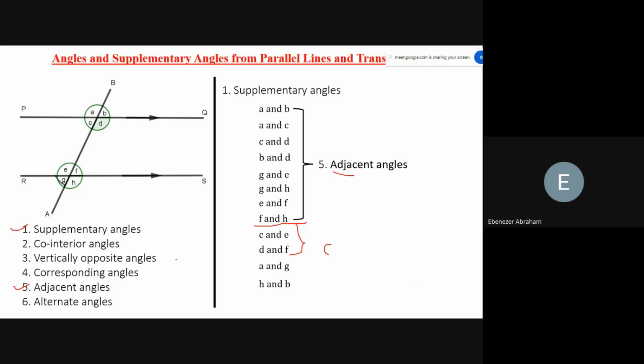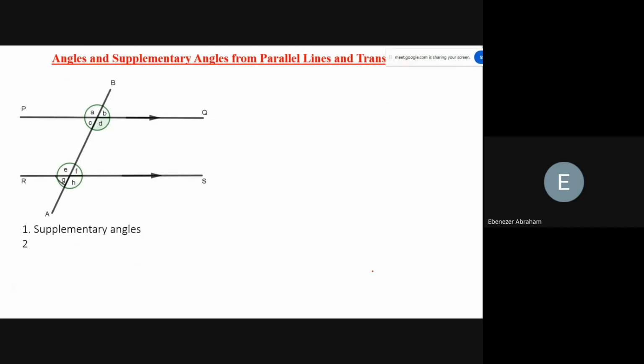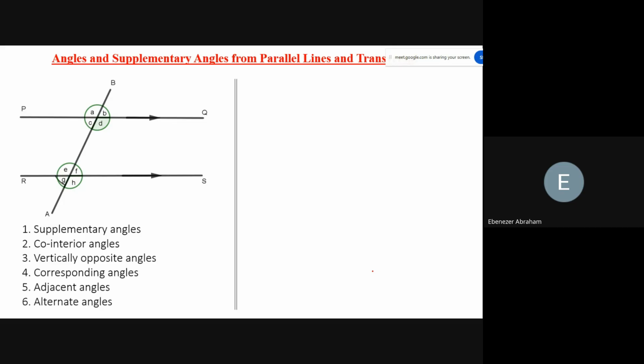Let's go to the next one. We are looking at what you have not done, but let me explain further. I've brought the question back here, and the second one is the co-interior. Now, with this type of angle, where we have parallel lines and a transversal, to analyze it we advise that you look out for certain shapes.